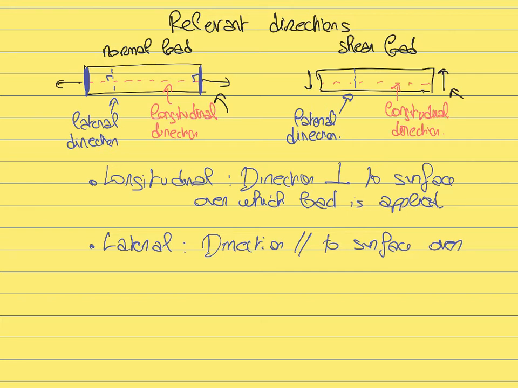The longitudinal direction is always orthogonal to the surface over which the load is applied, and the lateral direction is the direction that is parallel to the surface over which the load is applied. And again, this definition works both for the normal load and for the shear load.